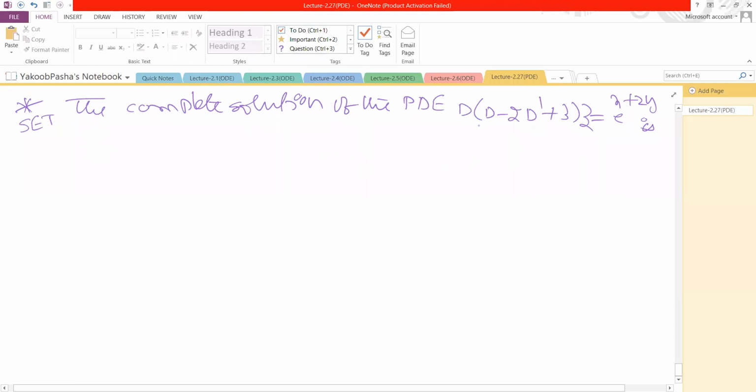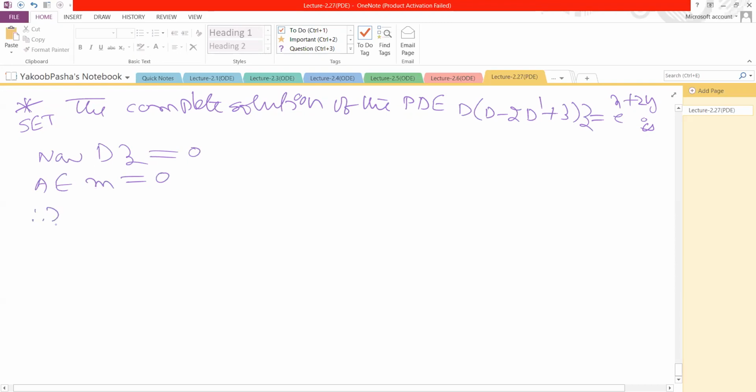Just look at this equation up to here, what is there: D into (D minus 2D dash plus 3). What happens to the first term? Now I'm taking D into z is equal to 0. For this, the corresponding auxiliary equation is m equal to 0.